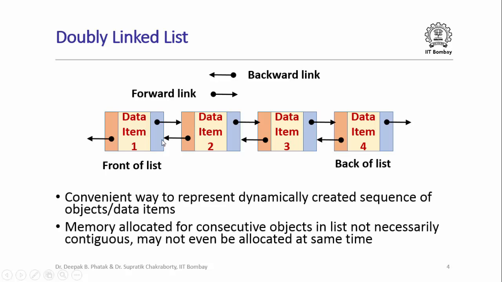Now, doubly linked lists are actually a very convenient way to represent dynamically created sequences of objects or data items. The memory allocated for consecutive objects in the list are not necessarily contiguous, and they may not even be allocated at the same time. Now, what would happen to the previous element link or pointer of the front of the list, and what would happen to the next element link or pointer to the back of the list?